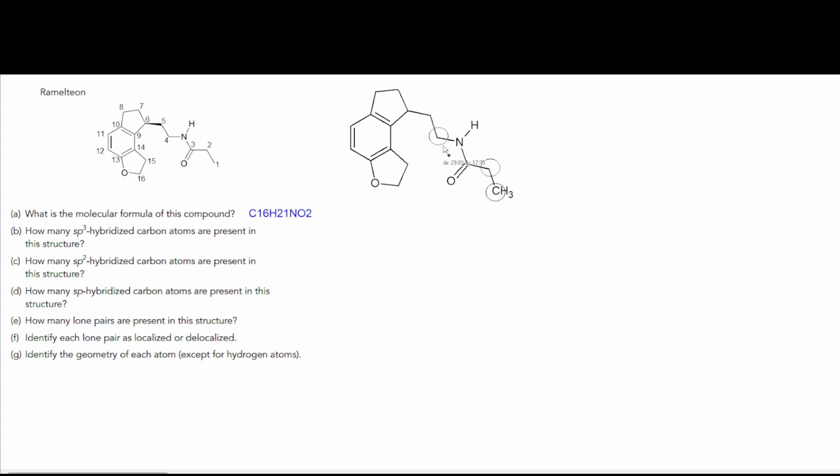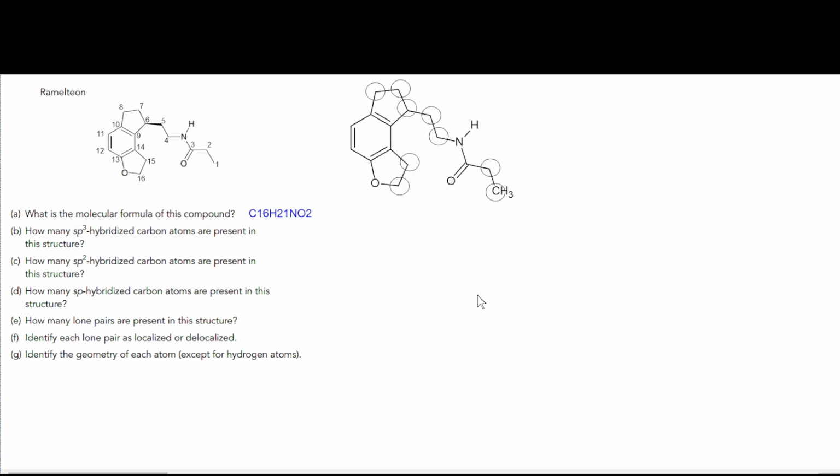Here, the CH2 carbon is sp3. This is also sp3, this is also sp3, sp3, and sp3. The rest of the benzene ring has all six sp2 hybridized carbons. But there is one more, sp3, and sp3.